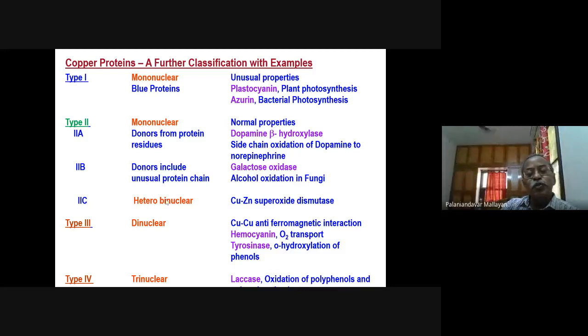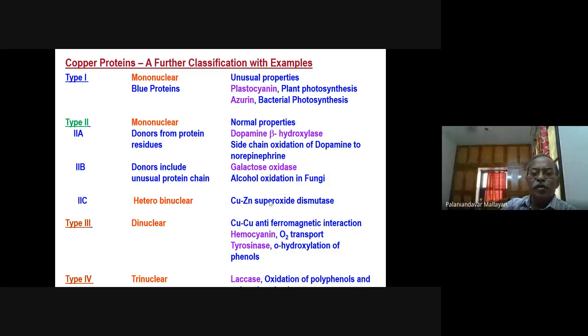But in addition to this, you will have another metal, dinuclear metal. So in addition to copper, you will have zinc also. So you will have copper zinc superoxide dismutase, whose duty is to degrade superoxide, dismute them, that is decompose them.